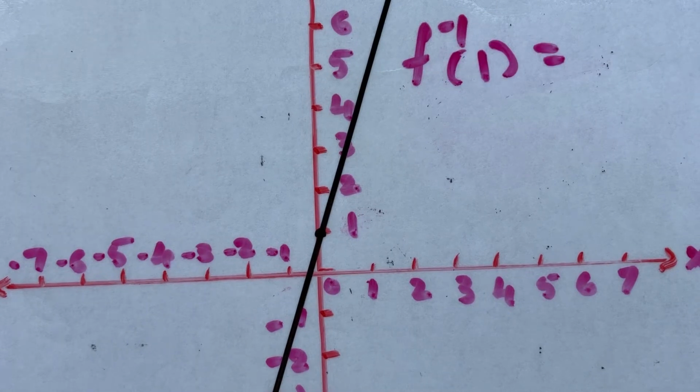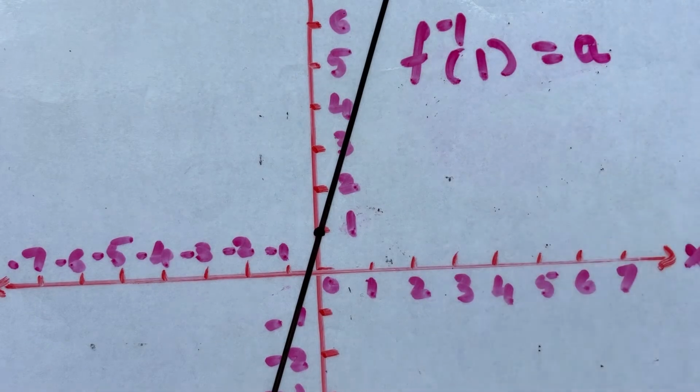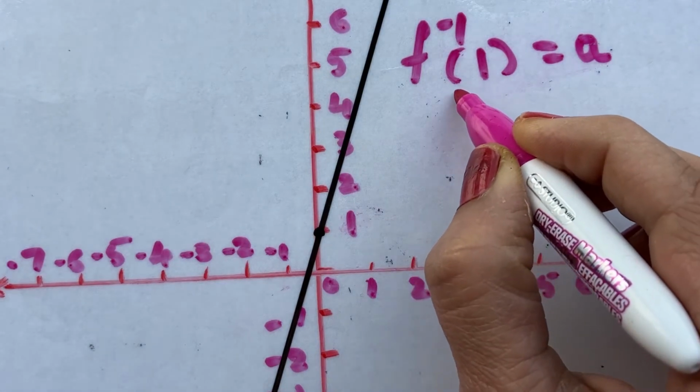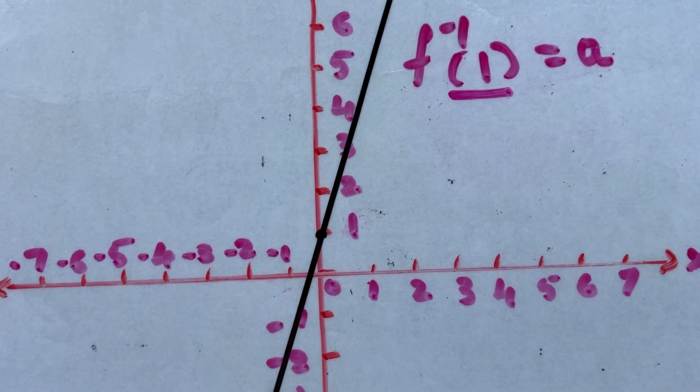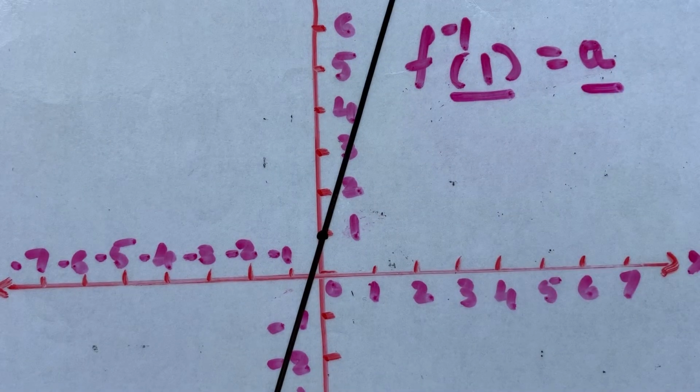Here we are asked to find f inverse of 1. Let's take f inverse of 1 as a. You have to find a here. So here 1 is output, that is our y. You have to find the input, that is the x value.